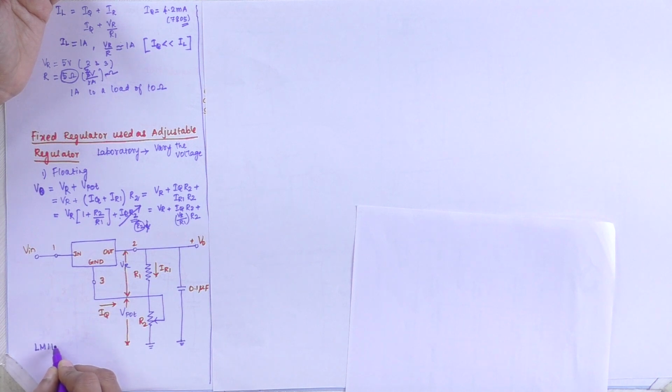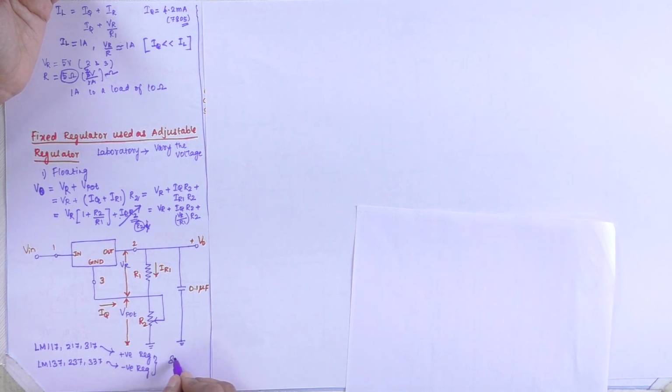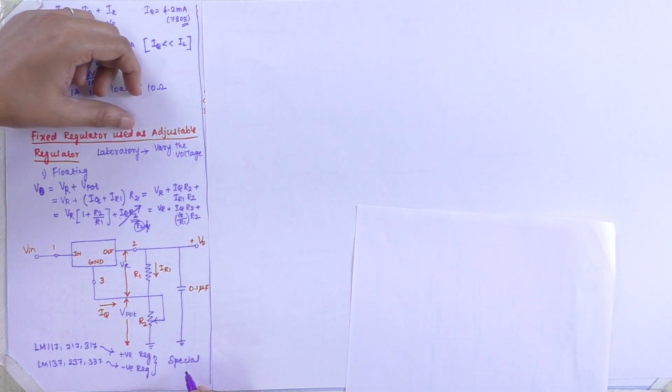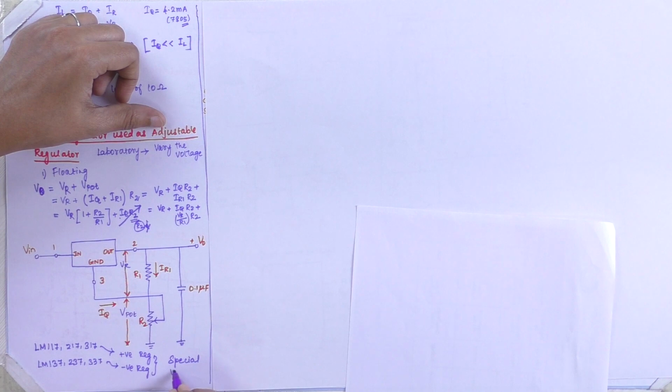The series LM117, LM217 and LM317 are used for the positive regulators, whereas LM137, LM237 and LM337 are for negative voltage regulators. These are special regulators, a fixed voltage regulator used as an adjustable voltage regulator.